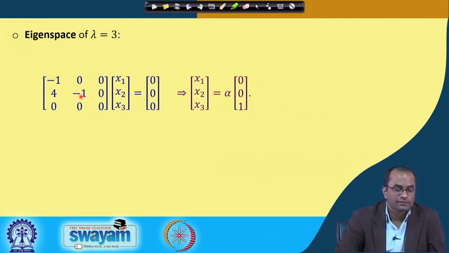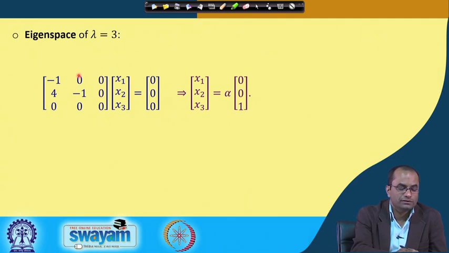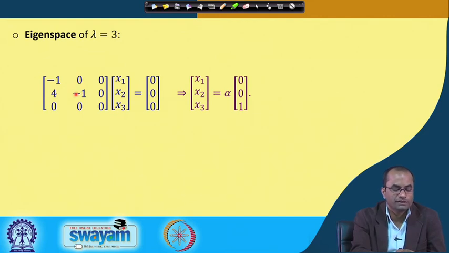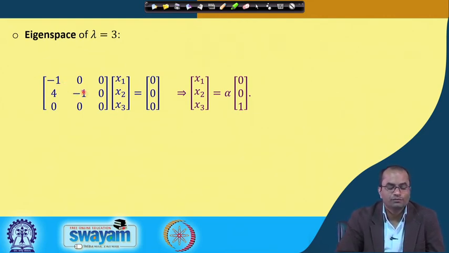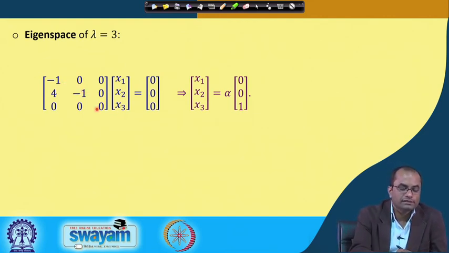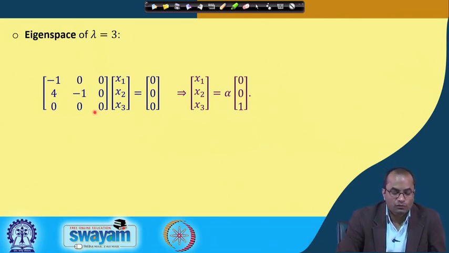We can make this entry 0, and then this will also become a pivot, because it will not be 0. So we have two pivot elements, and x 3 will be the free variable. Therefore alpha corresponds to x 3, and x 2 will be 0 and x 1 will also be 0 from the structure of the matrix.